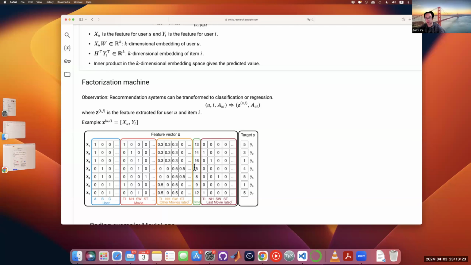Now the beauty of everything here is that it turns a recommendation problem into a machine learning problem. We have features, although this feature vector could be very, very large, and then we have a target, which is just 1 to 5.